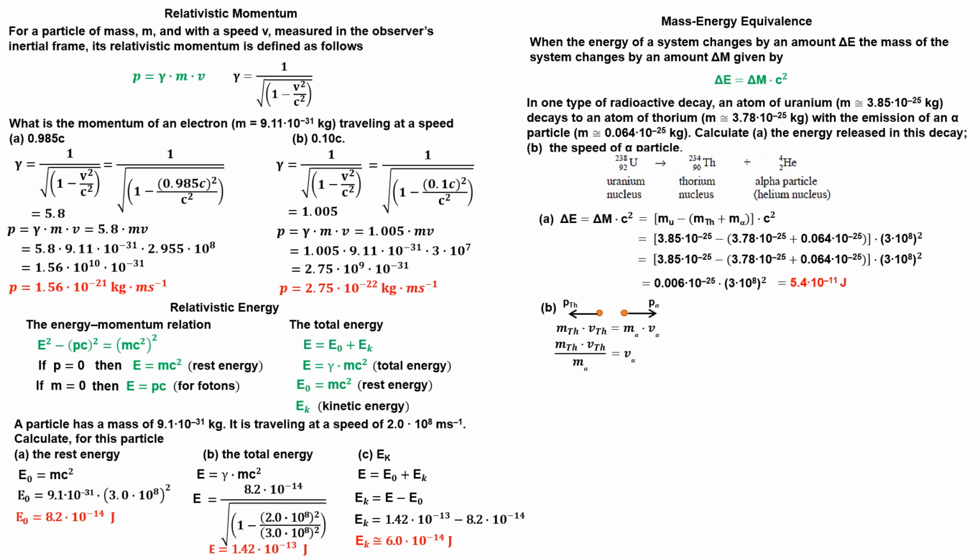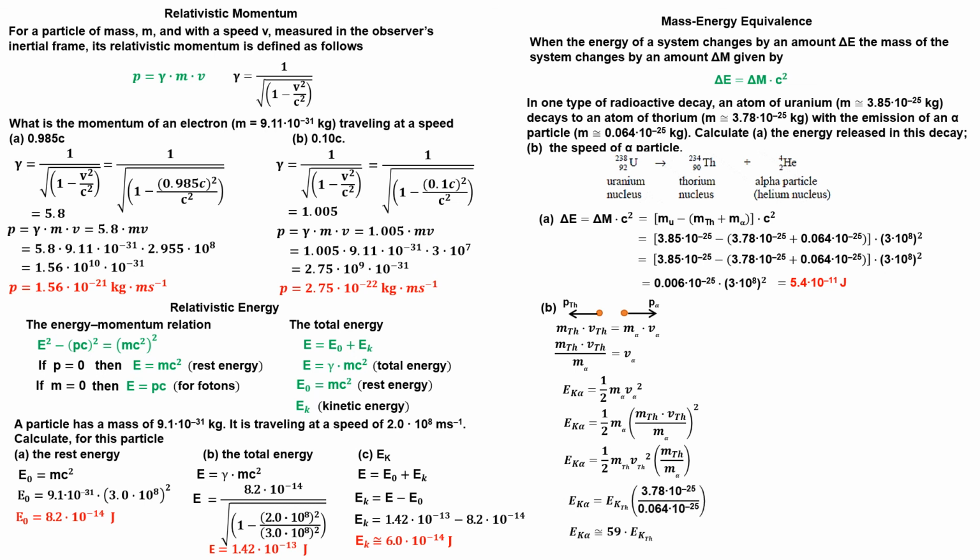We now solve for the velocity of the alpha particle, and we substitute this value into the kinetic energy for the alpha particle. Remember that the released energy appears as kinetic energy of the alpha particle and the daughter nucleus. So we obtain the velocity of the alpha particle.